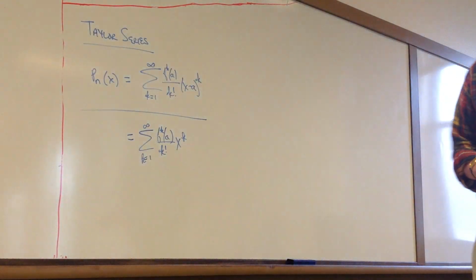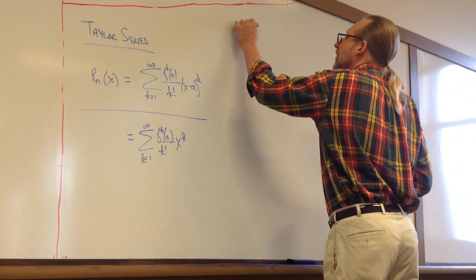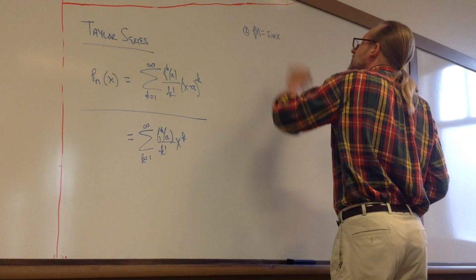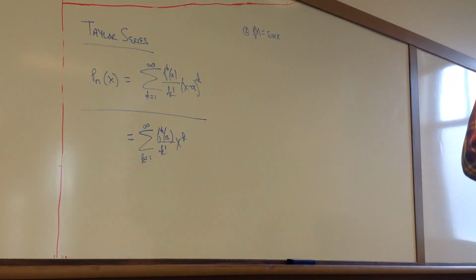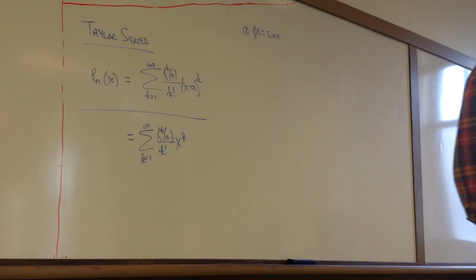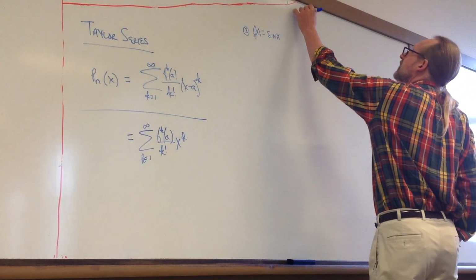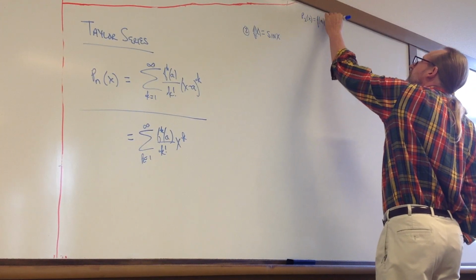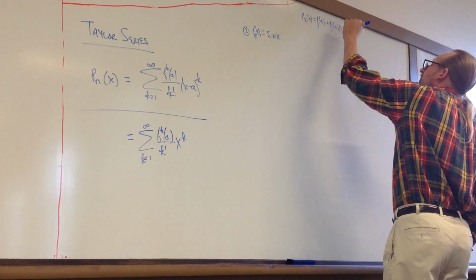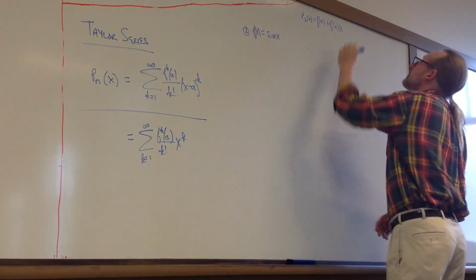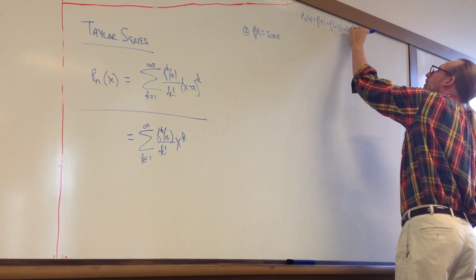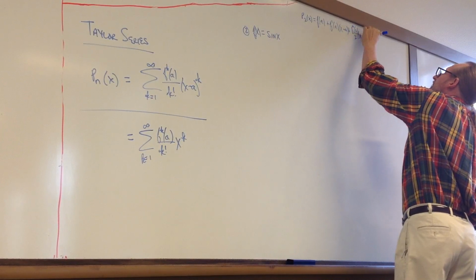All right, so in problem 2, we're working with f of x is equal to the sine of x. And in this set of questions, we're looking for the quadratic approximating polynomial. So let's just write down a general formula for that. f of a, plus f prime of a times (x minus a), and then f double prime over 2 times (x minus a) squared.